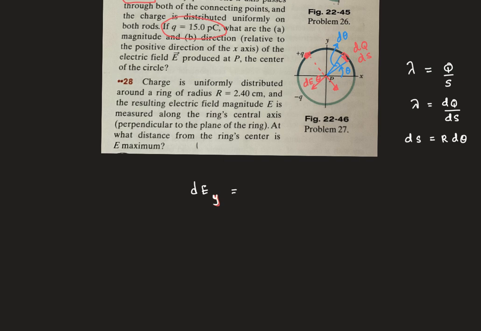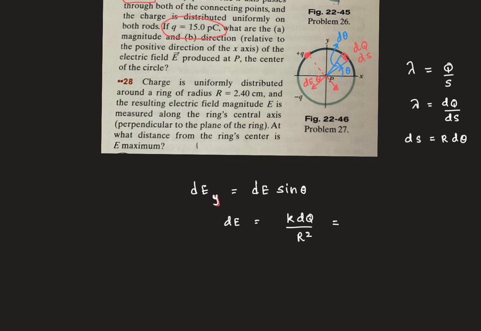So dEy is given as dE, and in this case we can see that it is sine theta. dE sine theta. And then dE is given by k dq over r squared. R is the distance from the point to the circumference.